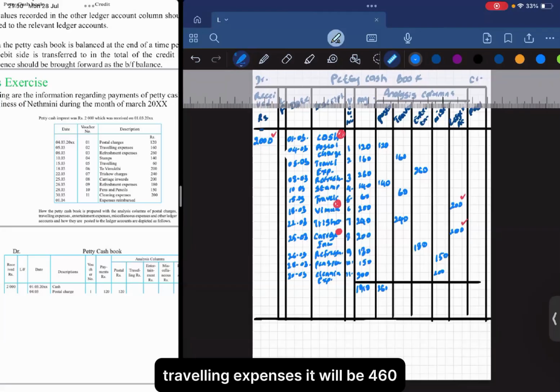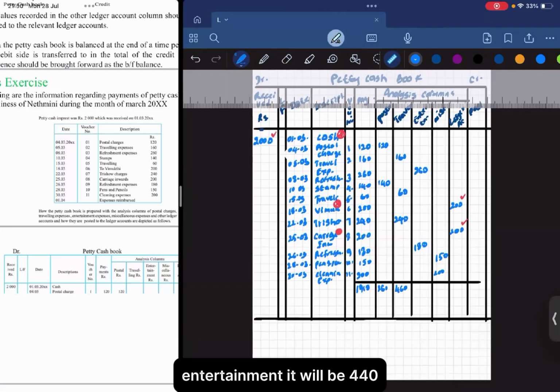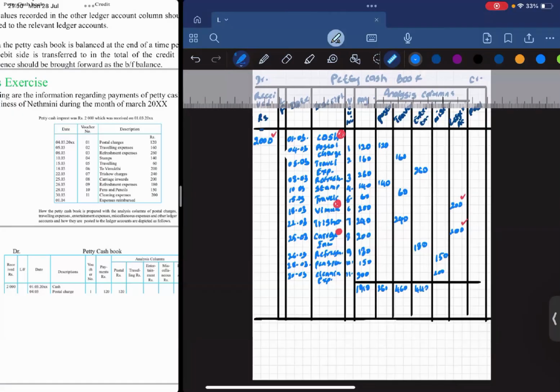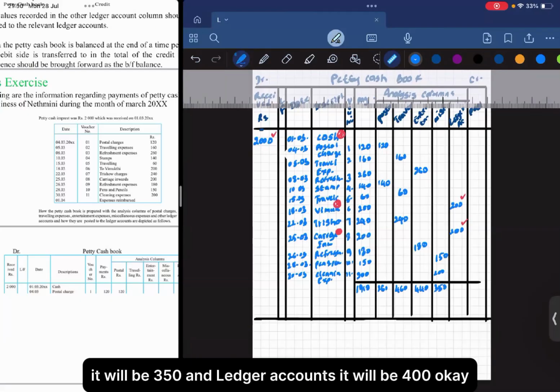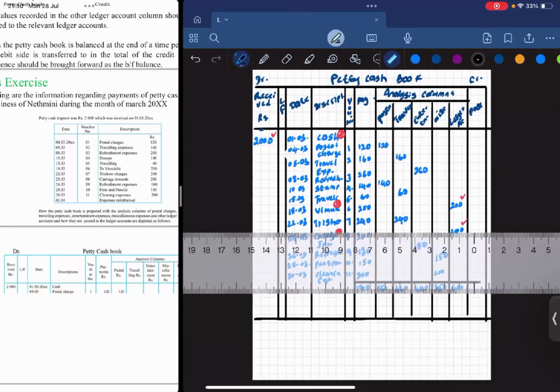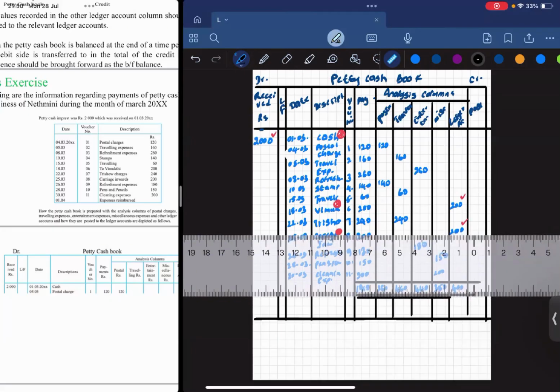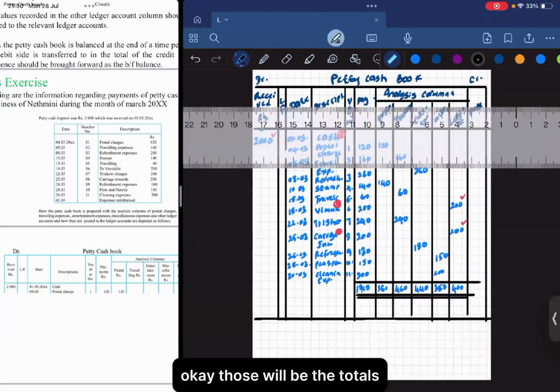Traveling expenses will be 460. Entertainment will be 440. Miscellaneous will be 350. And ledger accounts will be 400. So those will be the totals.